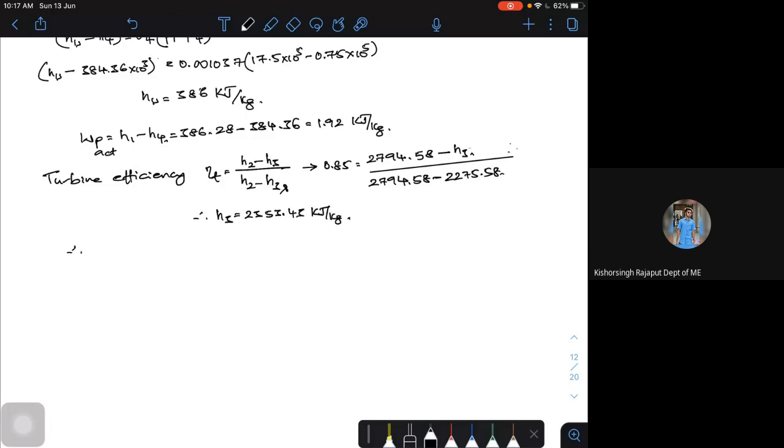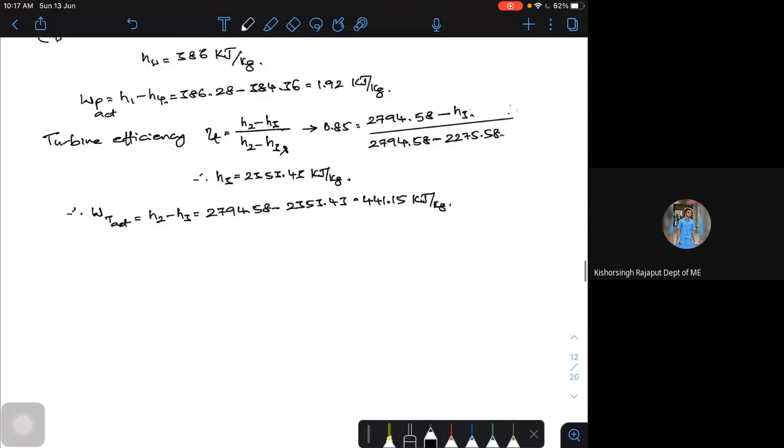So therefore, your turbine actual work is H2 minus H3, that is 2794.58 minus 2353.43. I'm getting roughly around 441.15 kilojoules per kg. This is your actual turbine work.